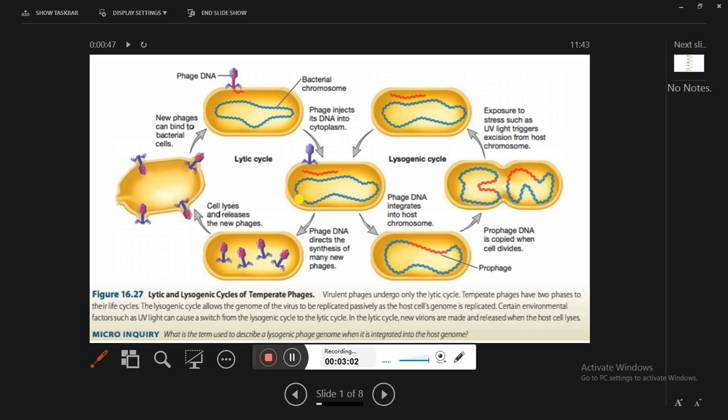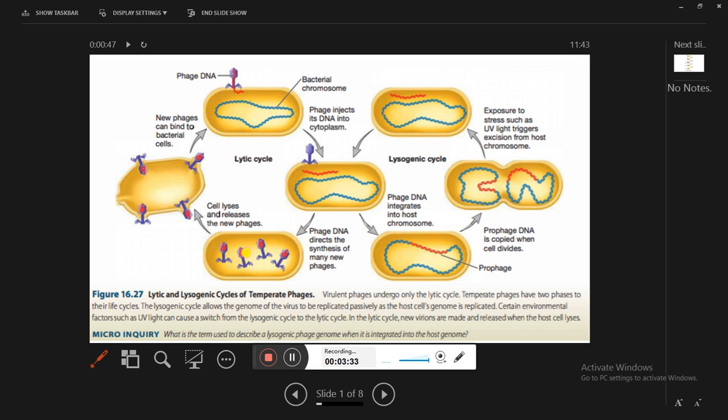And the genome of the bacteria, or bacterial DNA, is broken down into nucleotides, and these nucleotides are utilized to replicate the viral genome. And the virus also uses the replication machinery or reproduction machinery from the host cell, like enzymes and nucleotides.